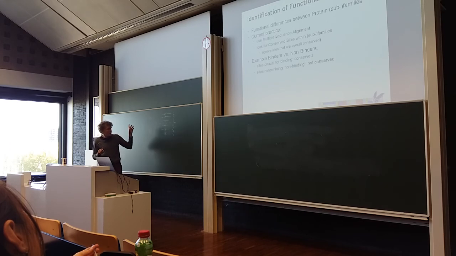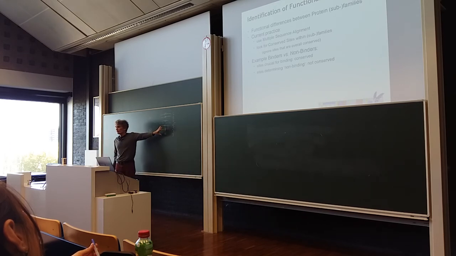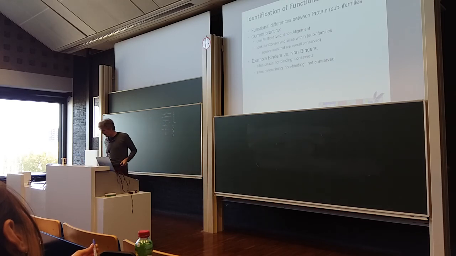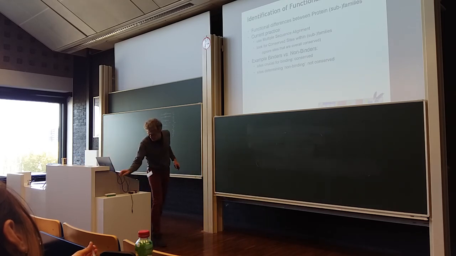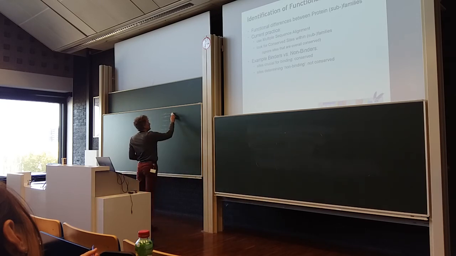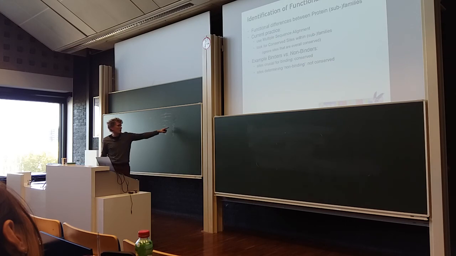Then you can make the specificity by doing something very different here, but it's easier, in an evolutionary sense, to have a different position where you say, okay, if I have a tryptophan here, I can bind this ligand. If I don't have a tryptophan here, I can't bind it.